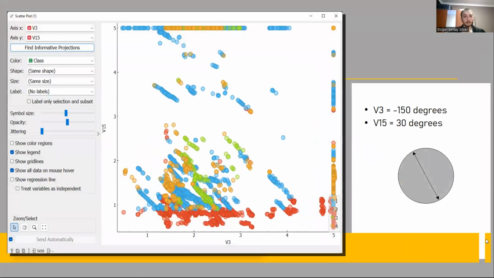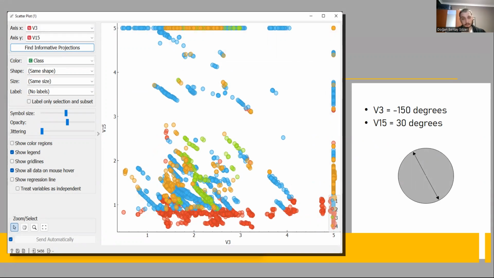These are the opposite-side sensors, V3 and V15. Because of the relevance to wall-following navigation, both V3 and V15 are important, and they help avoid collisions.